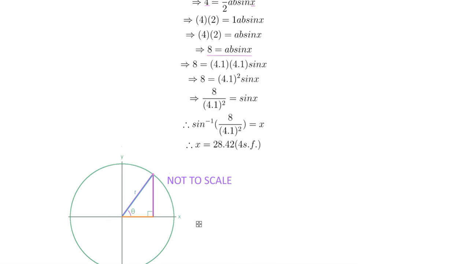What I will do just to drive this home is I'll add that information. It is as if this is around 8 and this is around 22. That is what this is representing, and the angle in here, theta, is 28.42 degrees. Now the question is, is there another circumstance where you would get 8 over around 22, or 4.1 squared?